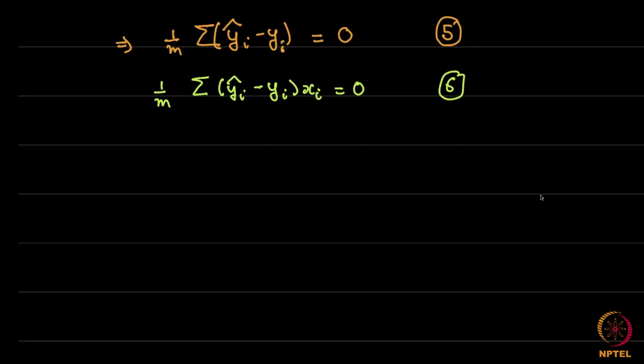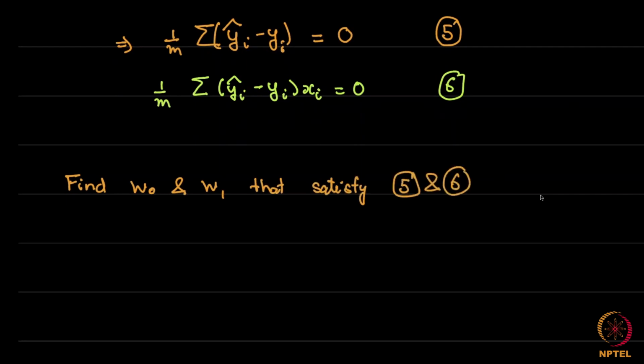Our unknowns are W0 and W1: find W0 and W1 that satisfy equations 5 and 6. That is really what we are looking for.